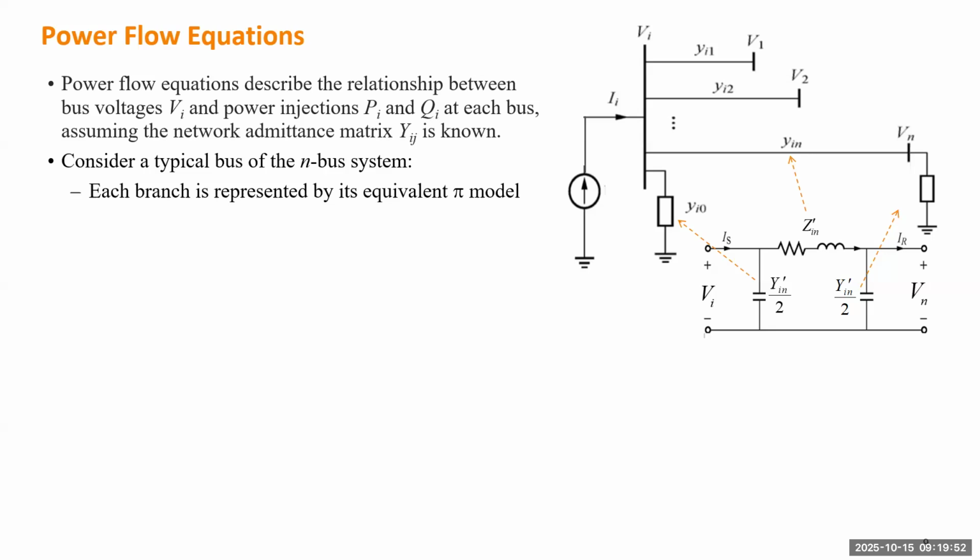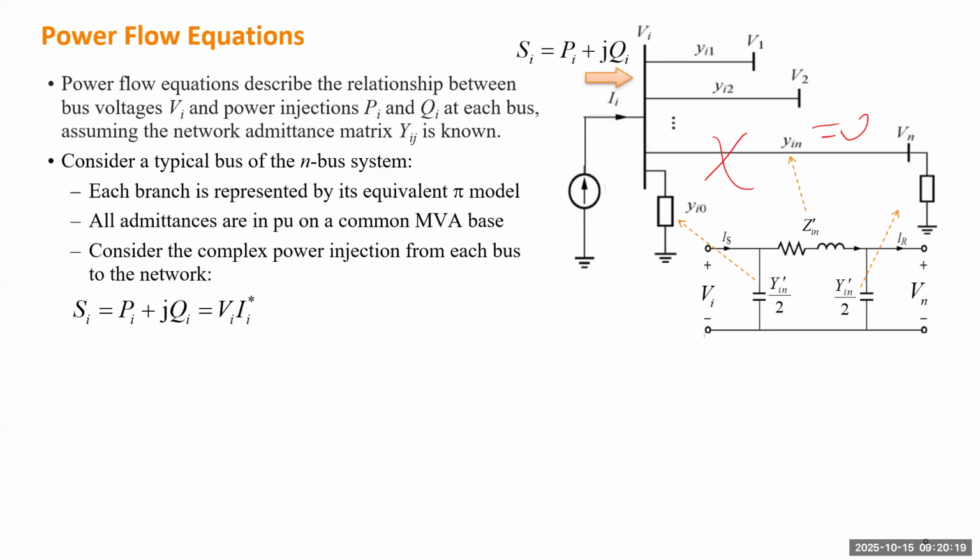If any physical connection is not in the network, we simply make that admittance matrix entry 0. So for a transmission system, which is not a complete graph, by complete graph I mean there is a direct connection between any two buses, this bus admittance matrix will be very sparse.